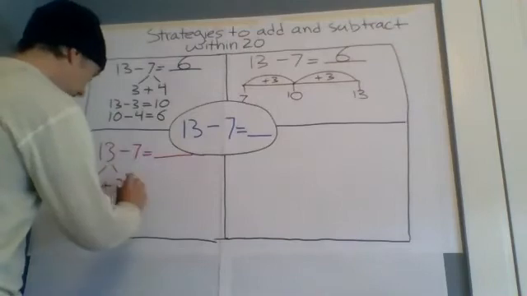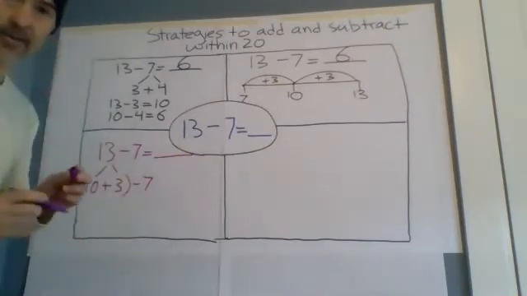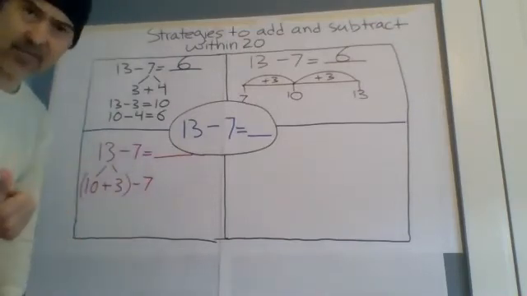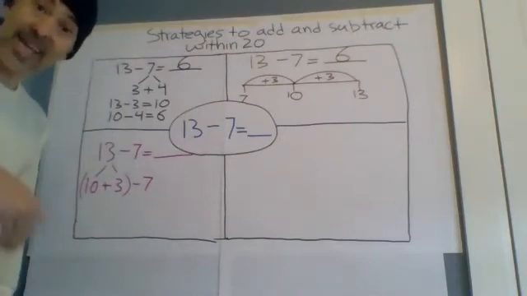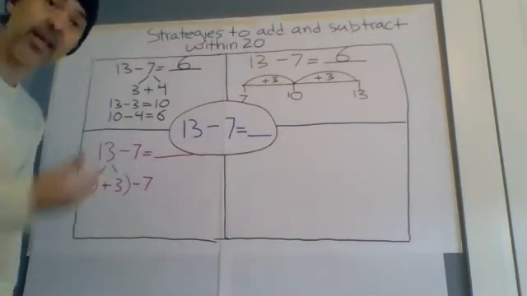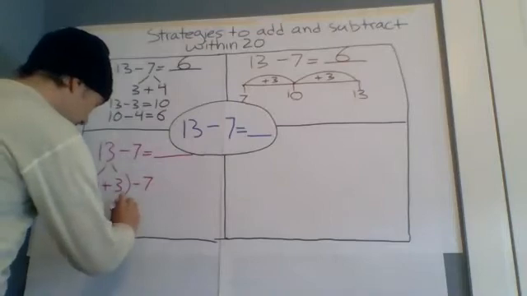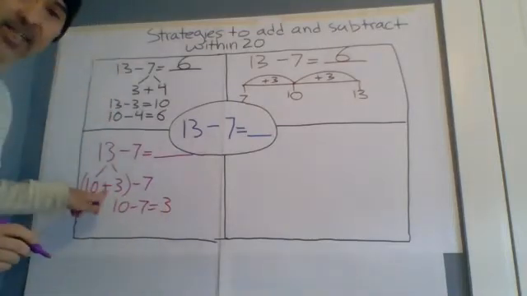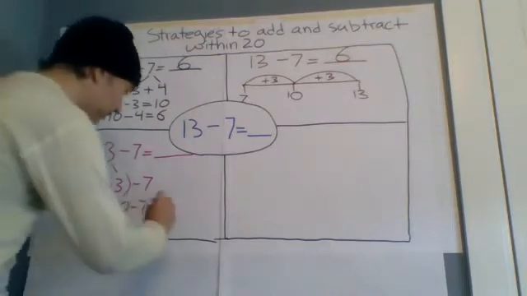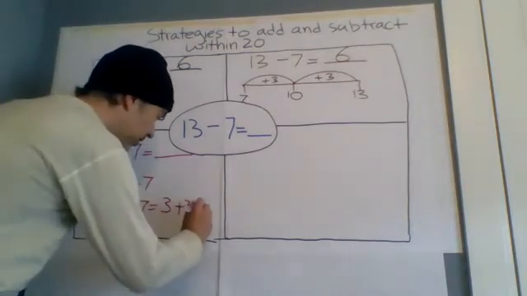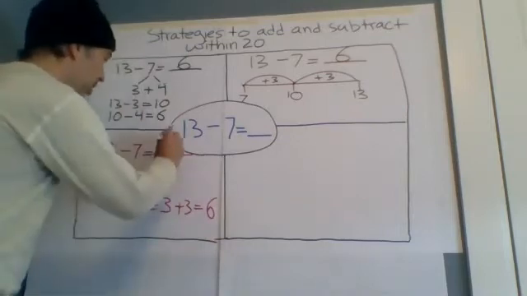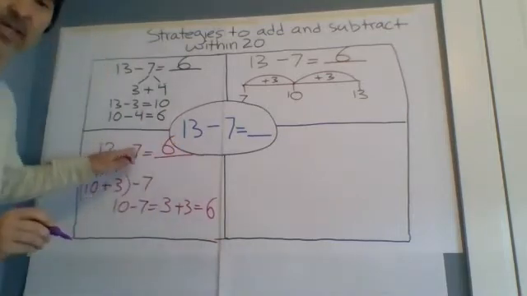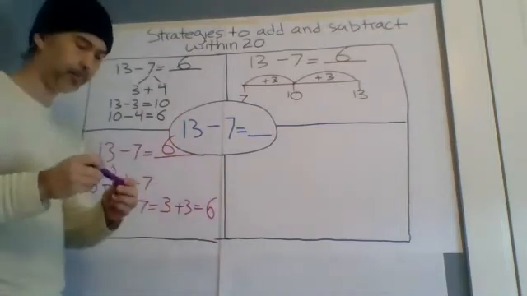Now I can take 7 away. Well, I can't take 7 from 3, but I can take 7 from 10. 10 take away 7 is equal to 3. And then I just add the 3 that's left over. 3 plus 3 is 6. So 13 take away 7 is 6.